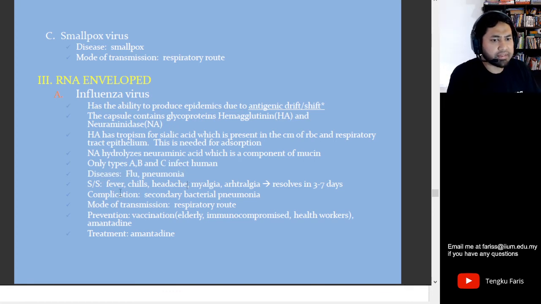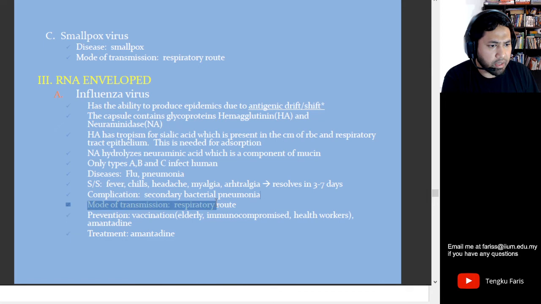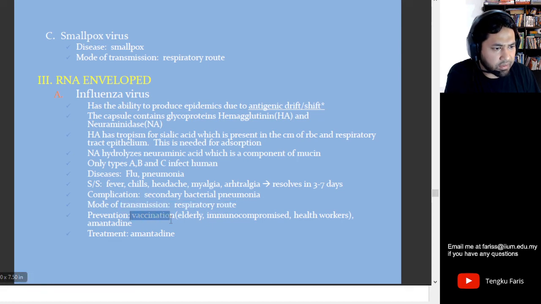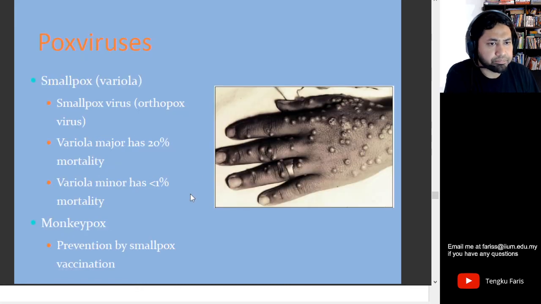The symptoms and signs include fever, chills, headache, myalgia (muscle pain), and arthralgia (joint pain) that can be resolved within 3 to 7 days. You can have secondary bacterial pneumonia. Again, of course, it's from the respiratory route. How to get rid of these influenza viruses? You can take the vaccination, or you can be prescribed amantadine.